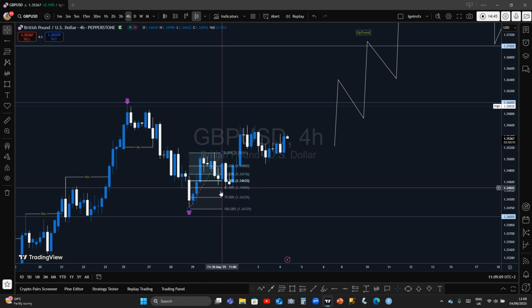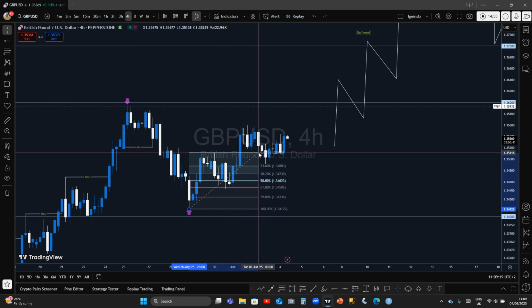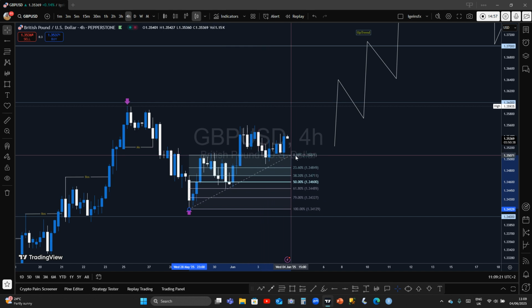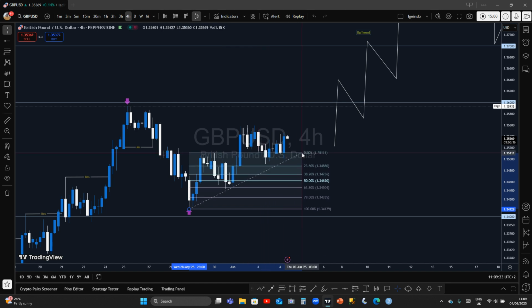All right? But if the momentum is very, very strong, there are levels that we call a continuation level. Let me quickly give it to you guys. The continuation level in this Fibonacci ratio, all right, 23.60.